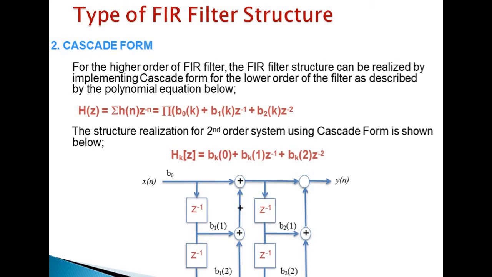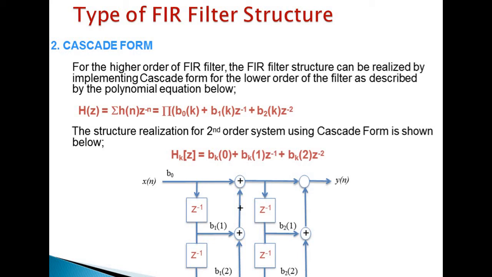So for a higher order FIR filter, the structure can be realized by implementing a cascade form of lower order filters as described by the polynomial equation: H of z is equal to the summation of h of n z raised to minus n, which is equal to the product of the sections b0k plus b1k z raised to minus 1 plus b2k z raised to minus 2. The structural realization for a second order system using cascade form is shown below.